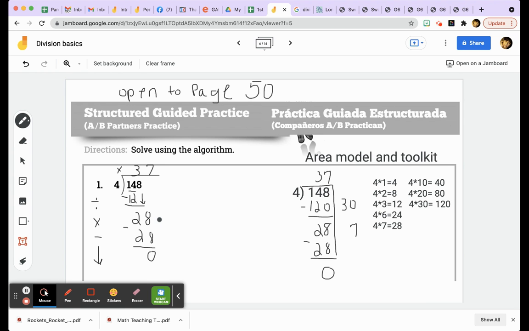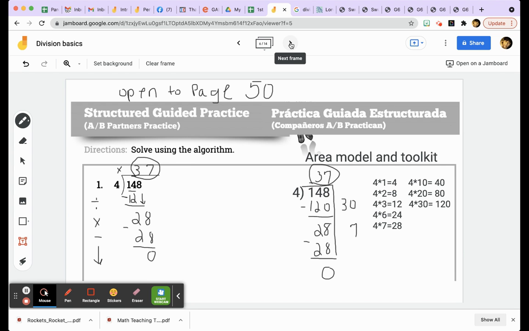I have nothing left to bring down. 4 won't go into 0. So my quotient for both examples is 37. So there are 37 equal groups of 4 in 148.